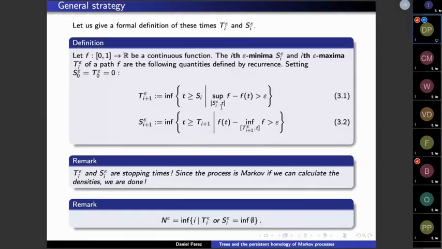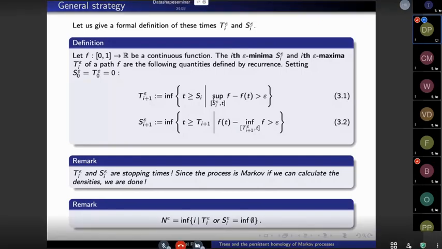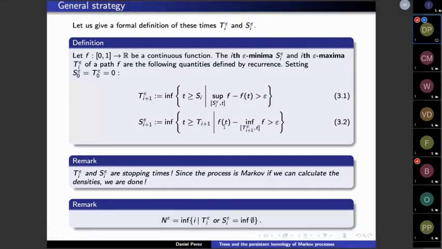So this looks complicated, but essentially the logic is you want to reach a peak and then you want to come down by ε, and you look at the smallest time such that you have this happening. And similarly for the S^ε, the logic is that you want to reach some infimum and then you want to come back up by ε. So essentially this gives you this expression, and you want to do this in the minimum time possible. Because of the definition of this as an infimum of times, these actually turn out to be well suited to be studied probabilistically.